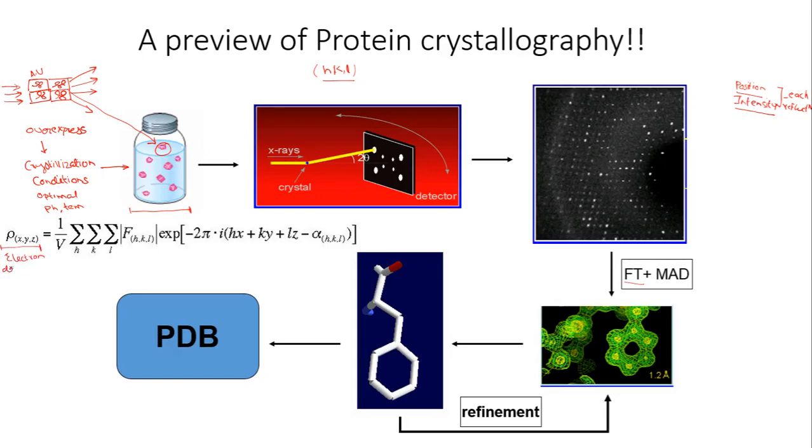So this is the expression that corresponds to electron density. In order to obtain the electron densities from the output of your X-ray crystallography, what things are needed?